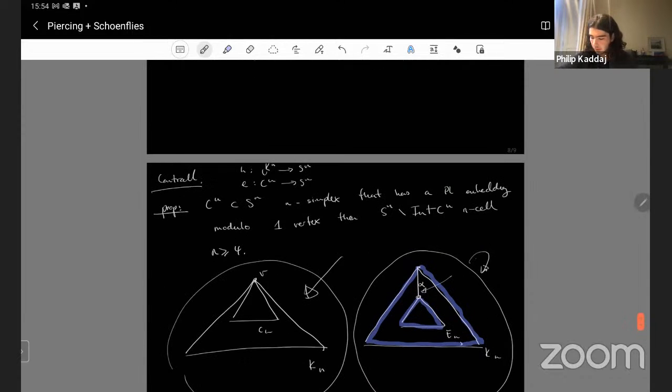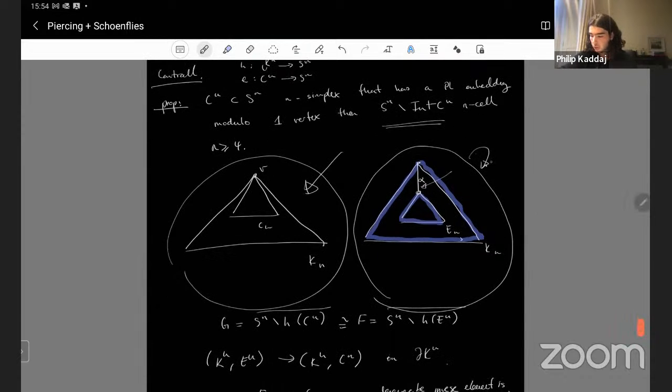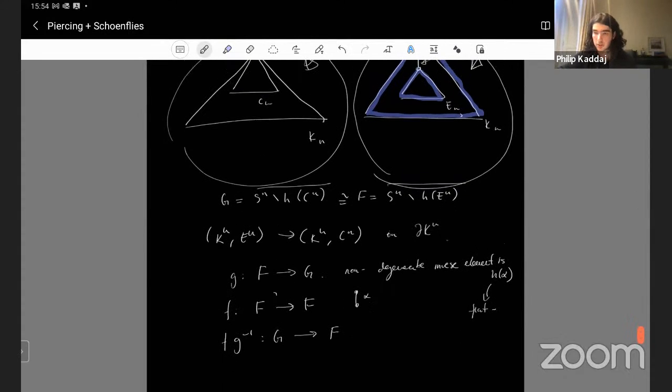The proposition was that the complement of a simplex that's embedded PL modulo 1 point is an n-cell. And we know that by the Schoenflies theorem, this is an n-cell. And we would like to show that contracting the arc alpha doesn't change anything.